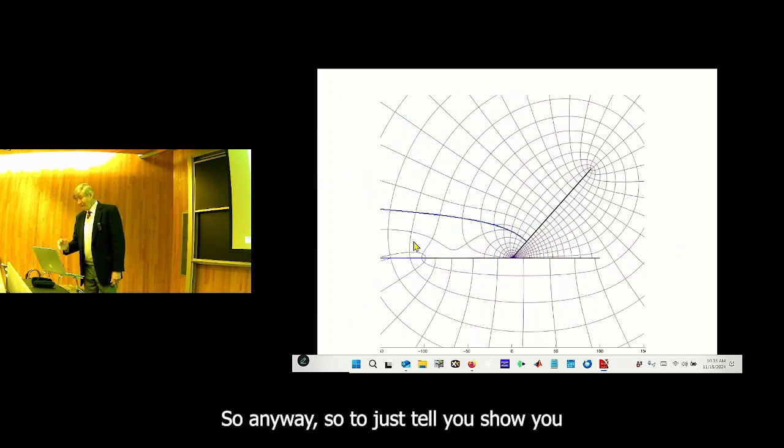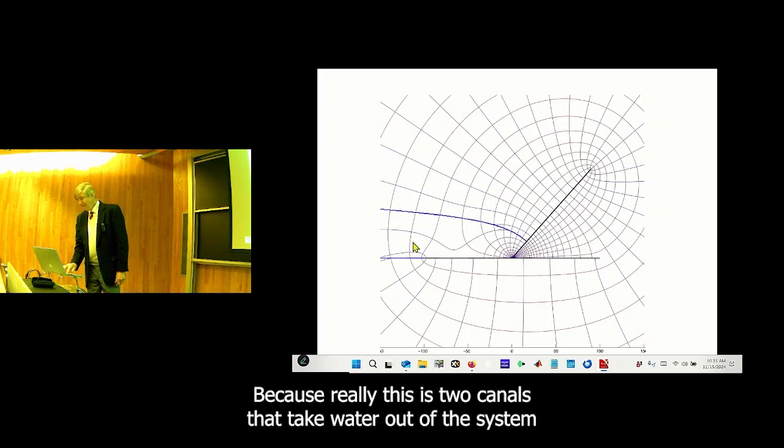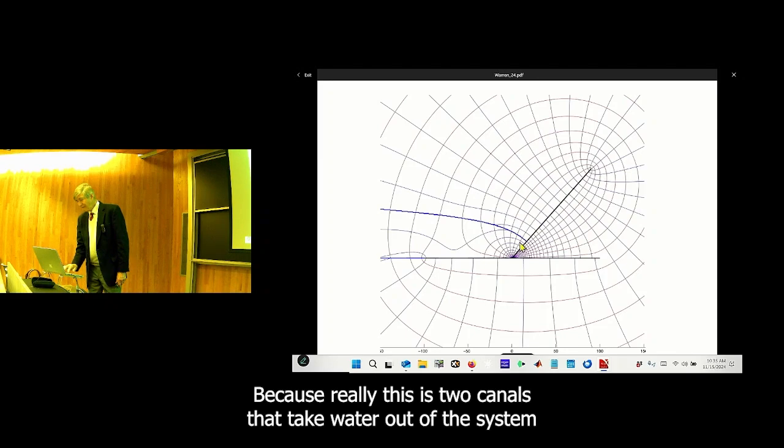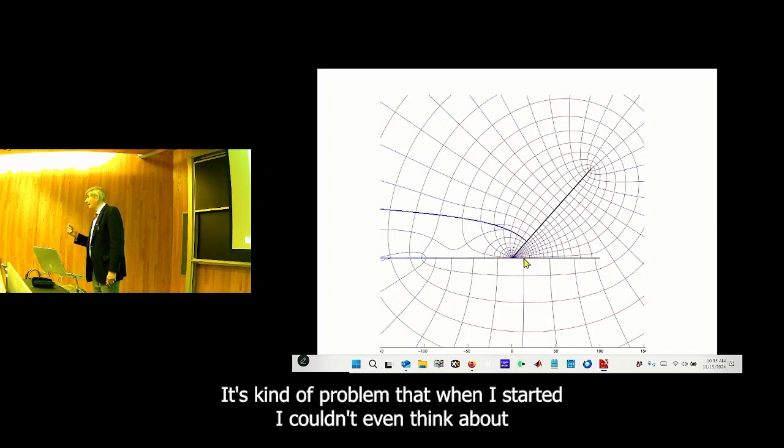So anyway, to just show you why the analytic element method is suitable for this, it's very, very accurate. This is 2 canals that take water out of the system, and they're almost touching. They're millimeters apart. It's the kind of problem that when I started, I couldn't even think about.